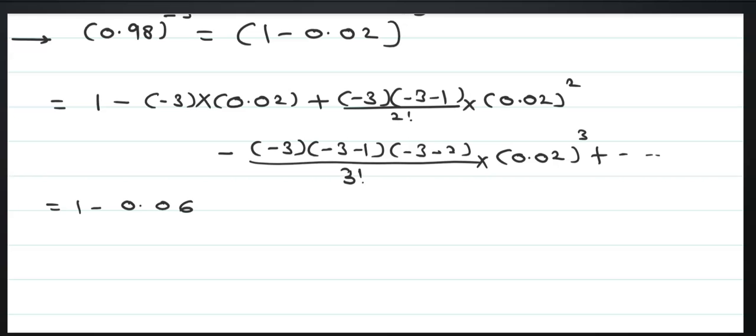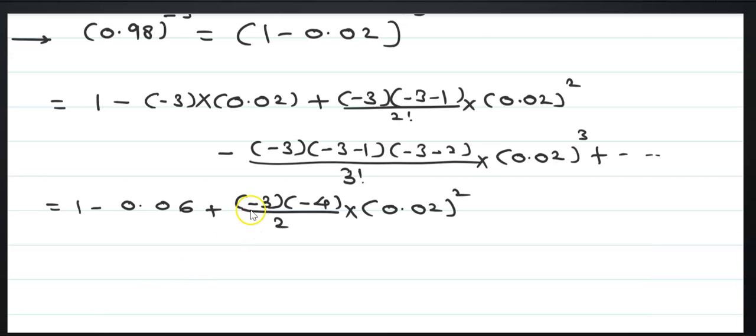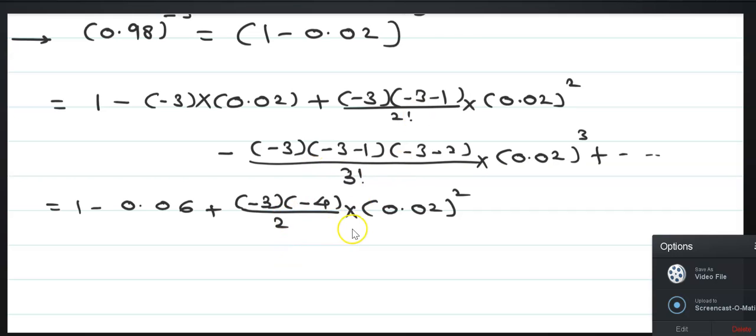Therefore 1 minus 0.06 plus, now here is minus 3 minus 4 upon 2 into 0.02 bracket square.